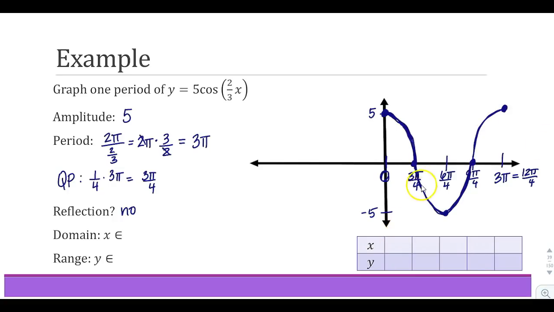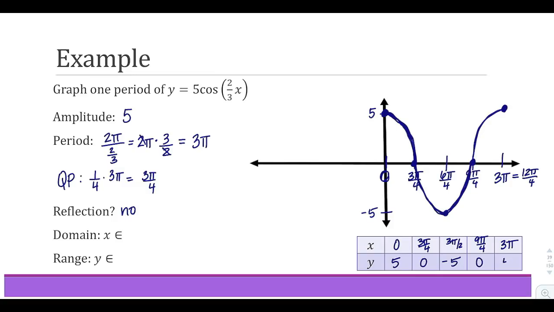So now, to clarify exactly what points I know are on this one period, I'm going to fill out the table. So I have 0, 5. I have 3 pi over 4, 0. 6 pi over 4 reduces to 3 pi over 2, negative 5. Then I have 9 pi over 4, 0.